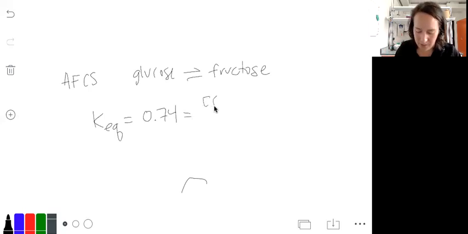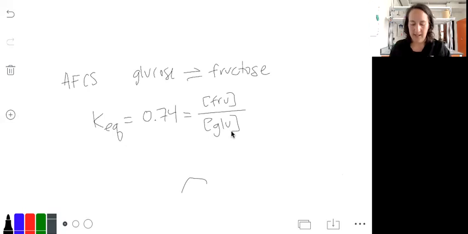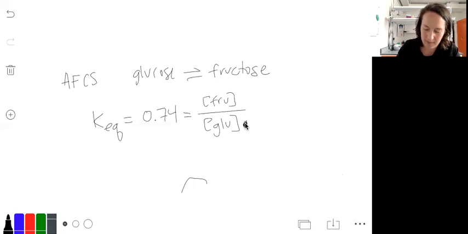So we have fructose, I'm just going to say FRU, over glucose, GLU, right? So if the number is less than 1, that means that you have a bigger amount of reactants, so the denominator is a larger number, right?